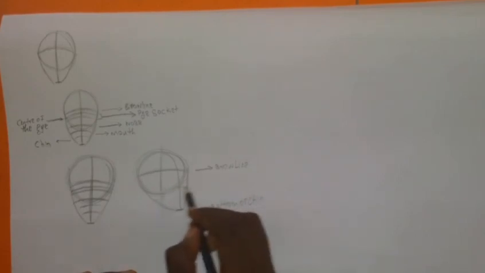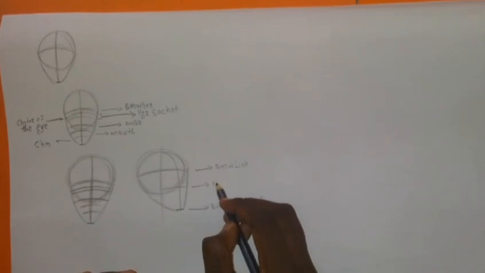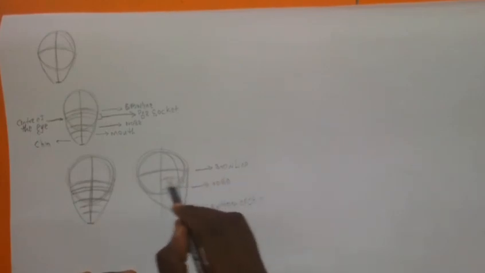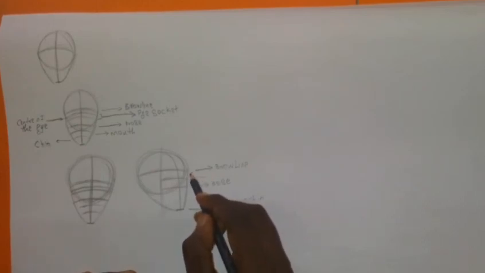And let's find our half, which is the base of the nose, and halfway through that we have the eye socket.